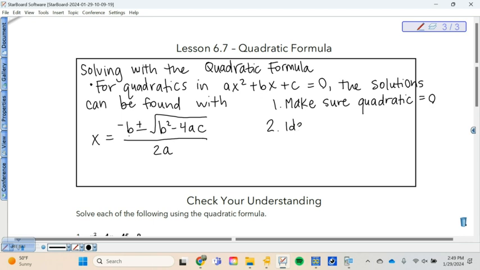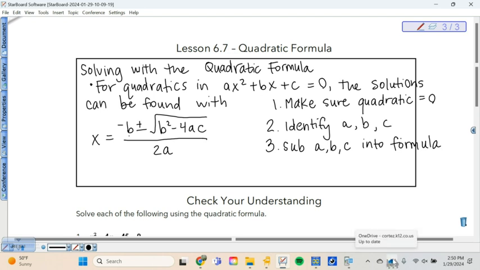And then, like we did on the other side, identify what A, B, and C are. And once you've figured out your A, your B, your C, you can substitute them into the formula. And if you want, you can plug it right into your calculator.